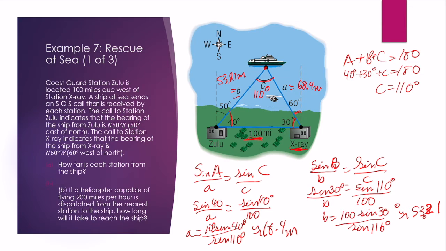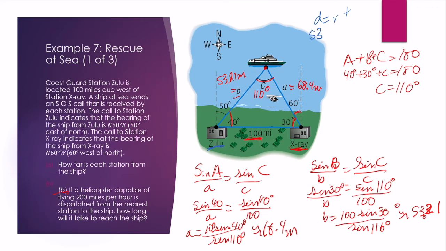If a helicopter capable of flying 200 miles per hour is dispatched from the nearest station to the ship, this is part B, how long will it take to reach the ship? First off, you have to decide which station you want to go to. Do you want to go to Zulu or X-Ray? Well, you're in distress, so you should probably go to Zulu. It's closer. Remember that distance equals rate times time.